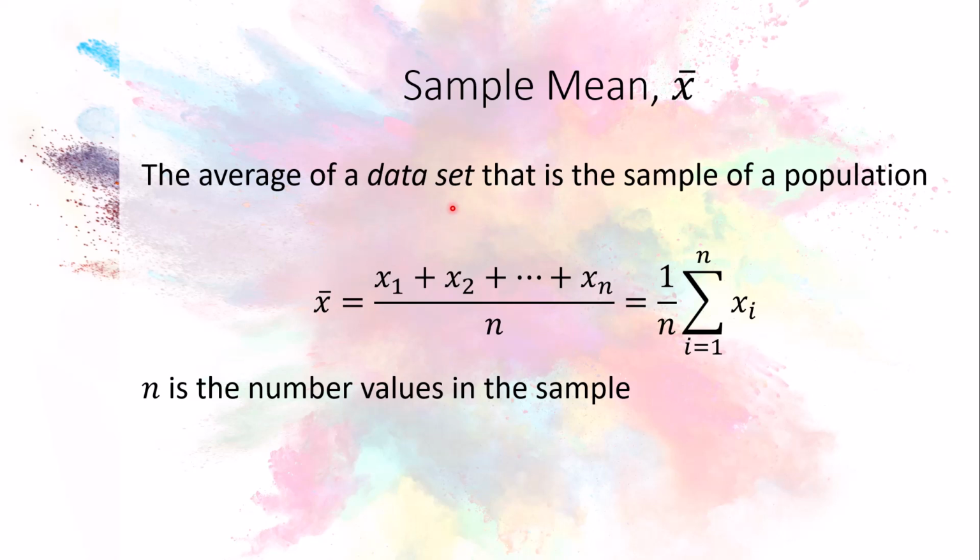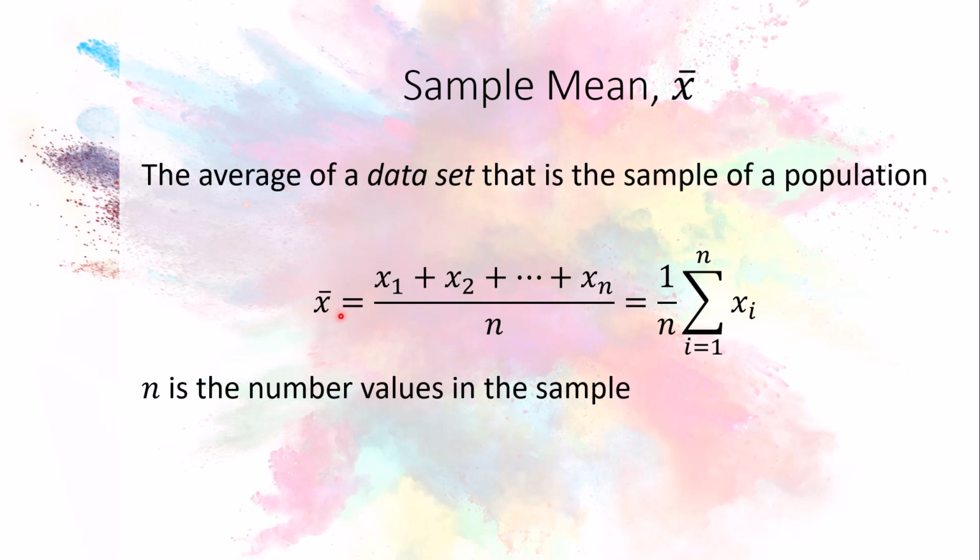That is the average from a data set that is sampled from an entire population. Process is entirely the same. What we do is we take all the samples, we add them up, divide them by the number of samples. This basically means the exact same thing again. This is nothing more than a compact way of saying we're adding up all the numbers.